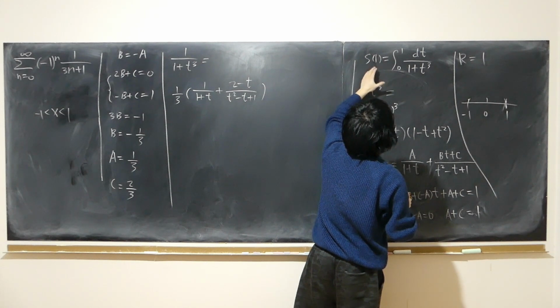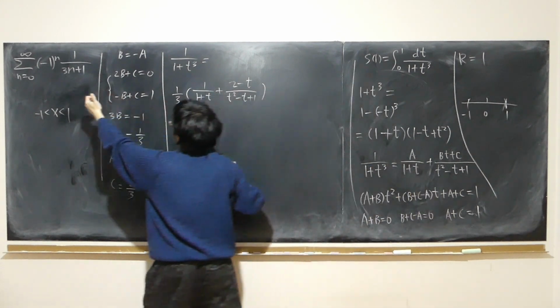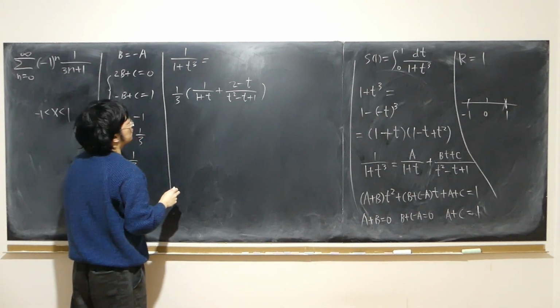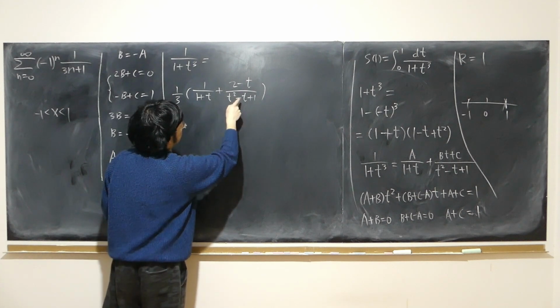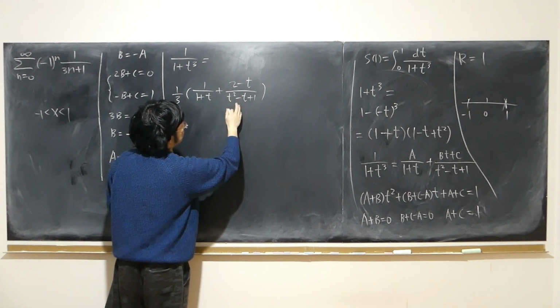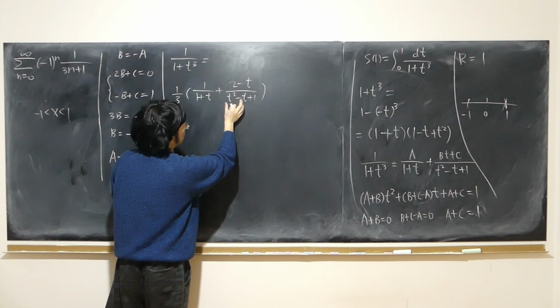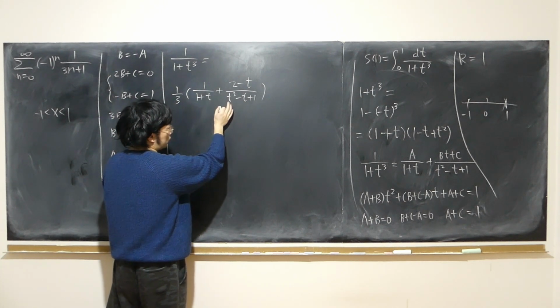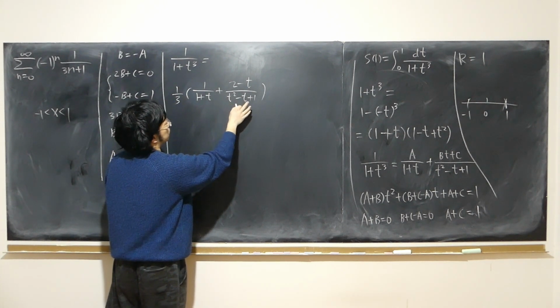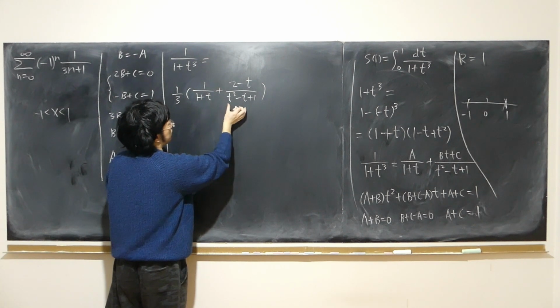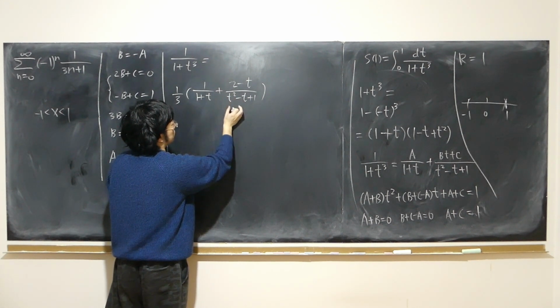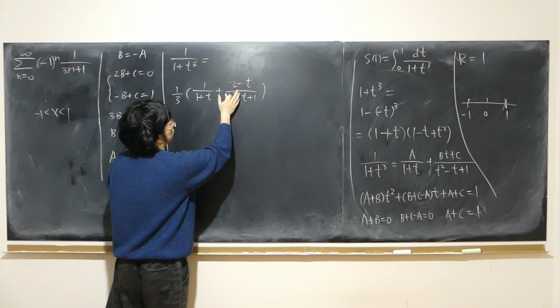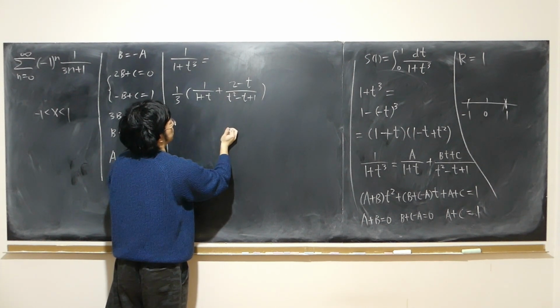Then we can work out s of 1, our desired series. Right now, 1 over 1 plus t is easy to integrate: log of 1 plus t. How about this one? If we differentiate the bottom, maybe it's log of t squared minus t plus 1. How about we use the chain rule to verify it? Differentiate the bottom, we have 2t minus 1. But in fact, we have minus t plus 2 here.